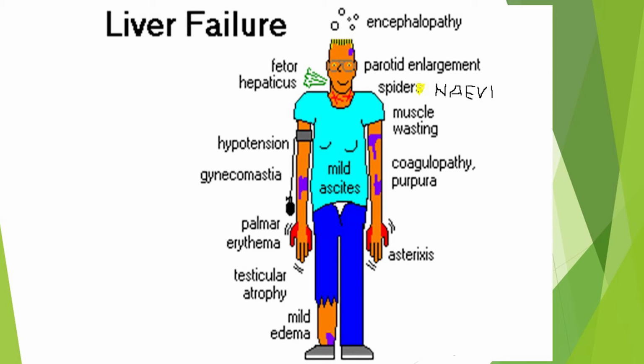If you examine the abdomen, that is ascites, it is due to liver failure. If you see bruising in the body, you can assess that this may be due to liver failure.